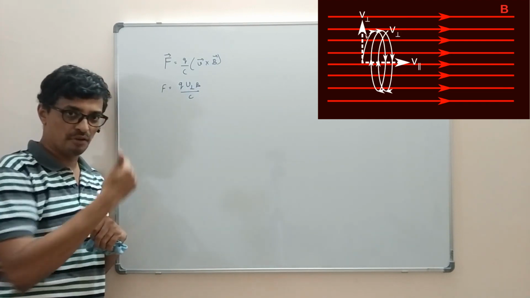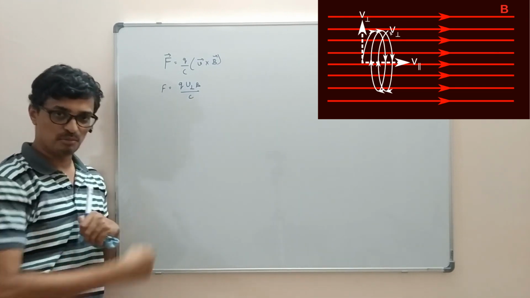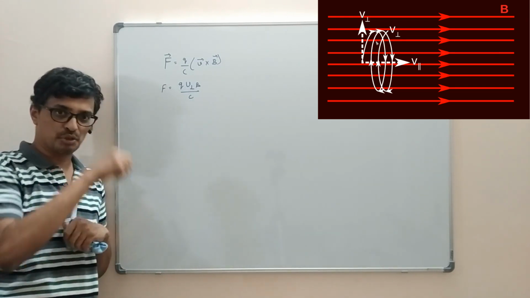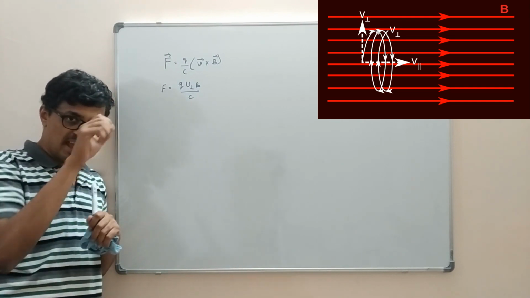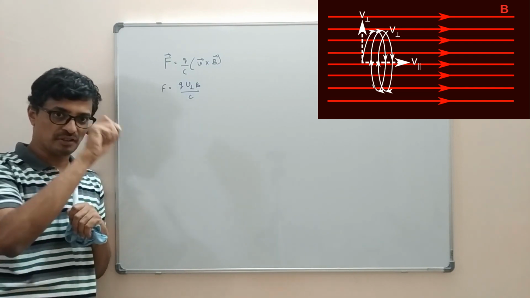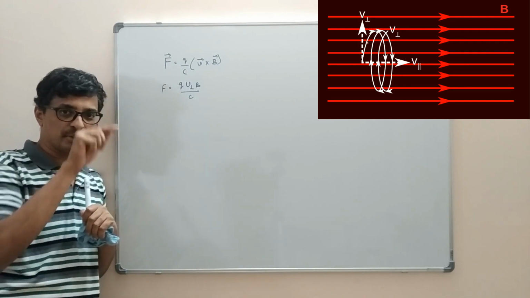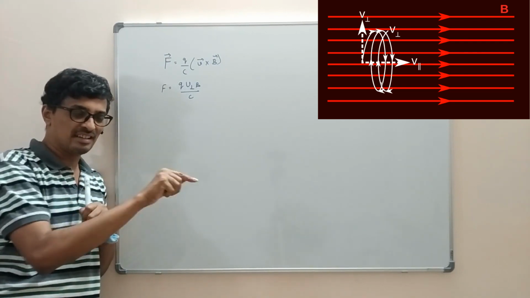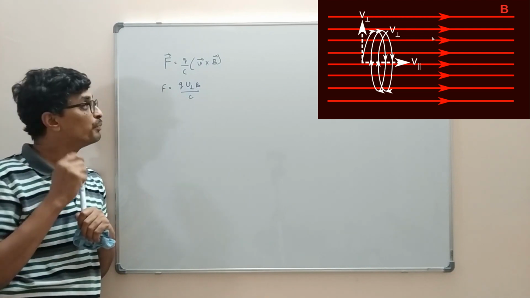So eventually your v perpendicular is going to be converted into a spiral motion, or rather a circular motion around the magnetic field line. Now, since the v perp is going to cause a circular motion around the field line, and the v parallel is going to give a drag, eventually the charged particle is going to make a helical trajectory guided by the magnetic field line.